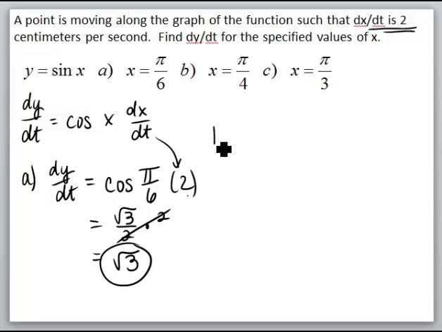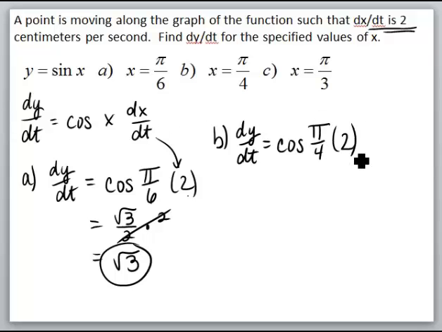Part B, still the same, dy over dt equals cosine. This time I'm plugging in pi over 4. I'm still using dx over dt as 2 from the directions up above. So dy over dt in part B is equal to the cosine of pi over 4, which is square root of 2 over 2. So I have square root of 2 over 2 times 2.